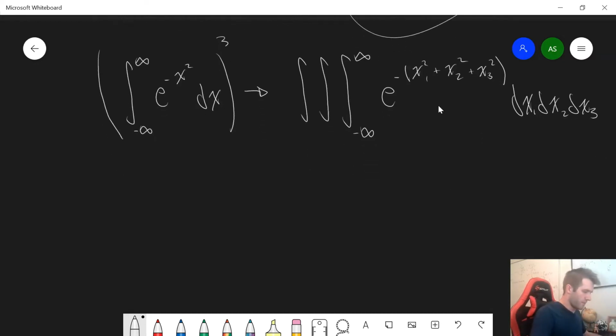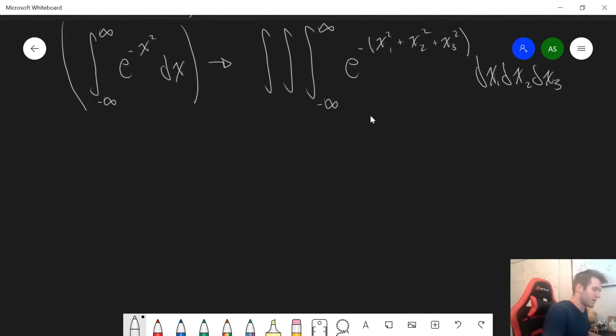Now, to describe this in terms of spherical coordinates, we can sort of represent this using the physics notation. Sorry, I can't write and talk at the same time, apparently.